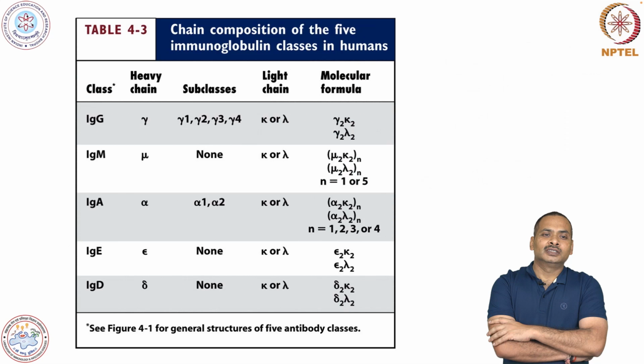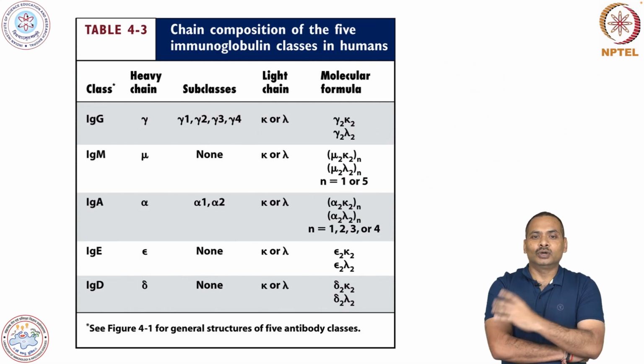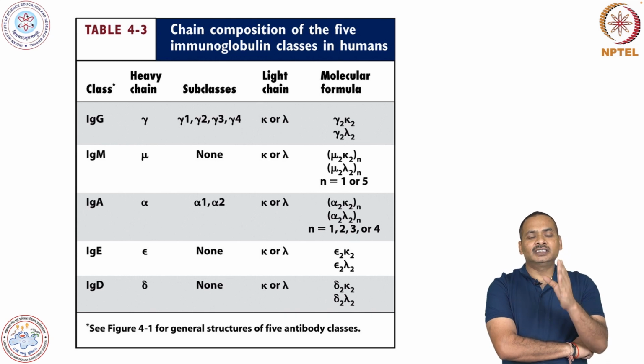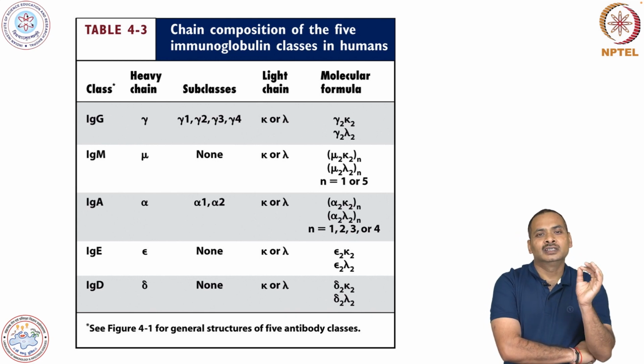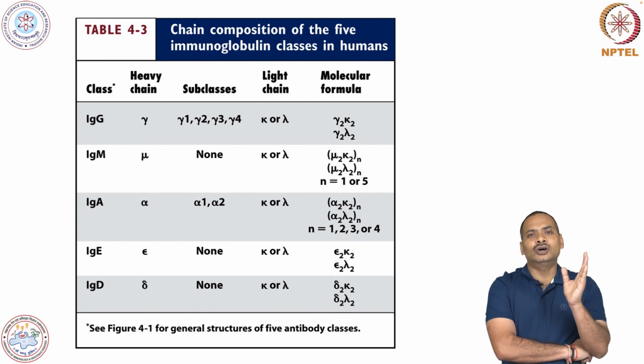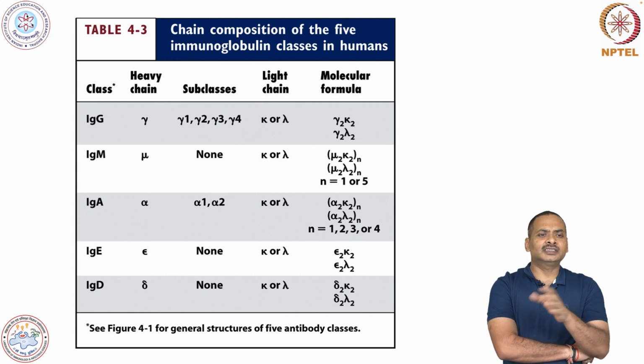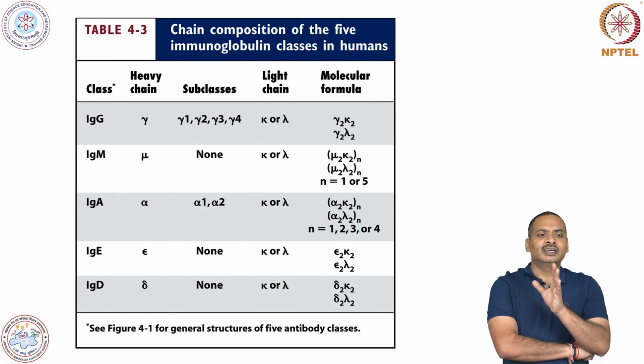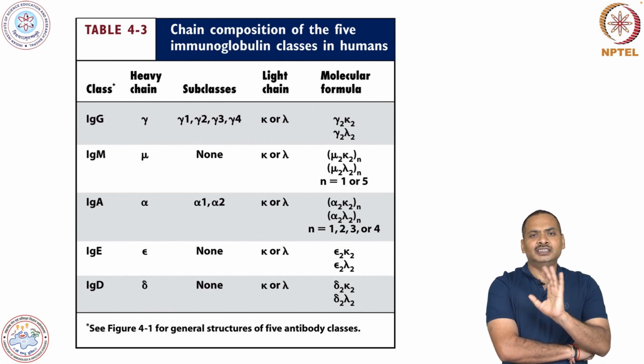There is some kind of molecular formula for each antibody. Here you can see that in the extreme left column there are the classes, that is IgG, IgM, IgA, IgE and IgD.